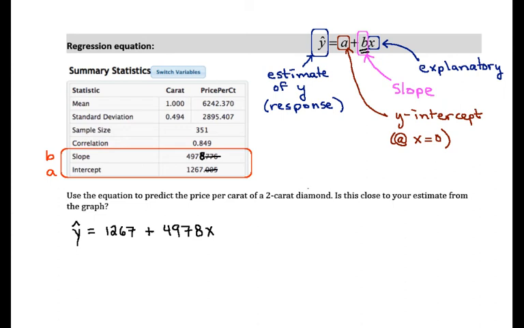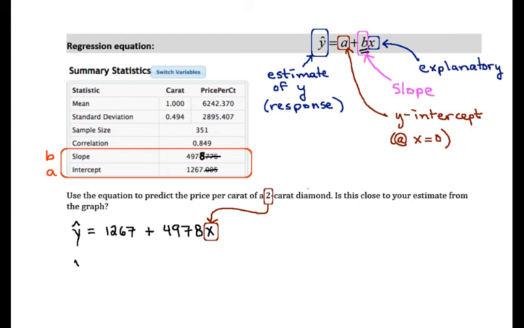If I want to use this formula now to estimate the price per carat of a 2-carat diamond, what I'm going to do is plug that 2 in for x, because the explanatory variable is the size of the diamond in carats, and then just calculate y.